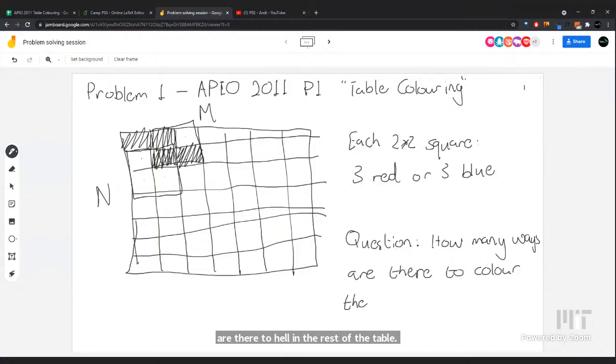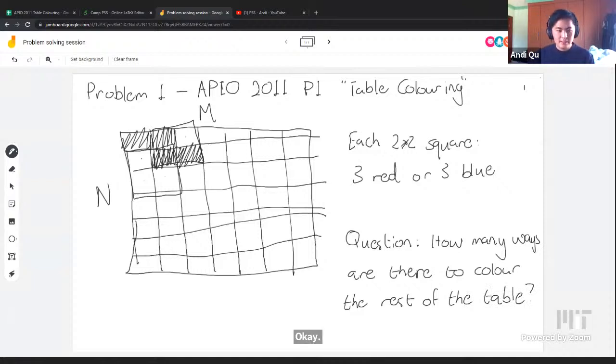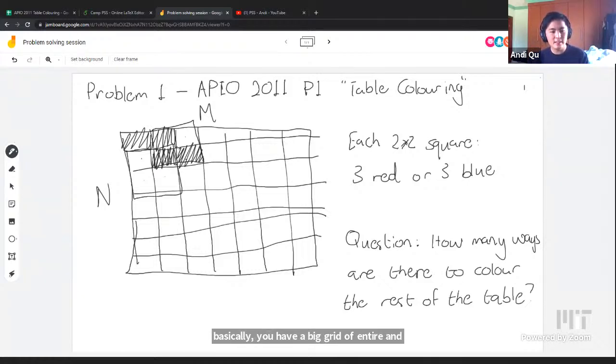Okay, so basically you have a big grid of n cells by m cells. In this case, n is equal to 7 and m is also 7.